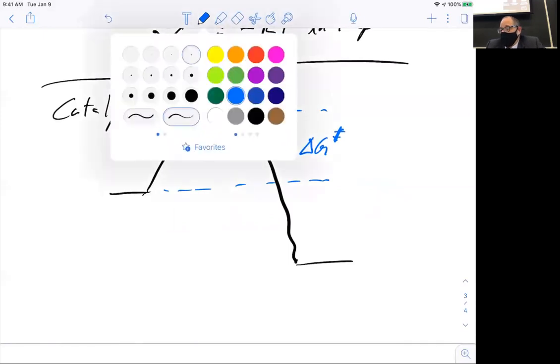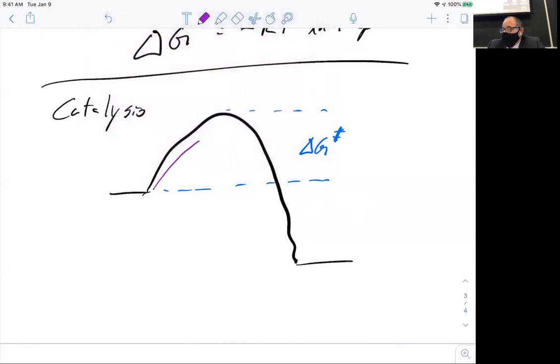What happens when I add a catalyst to that is I don't change the starting point of the reactants, and I don't change the ending point of the products. What I'm changing is the delta G of that transition state. So now the catalyst has a smaller transition state, so this is going to happen faster.